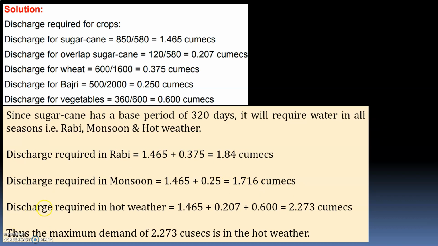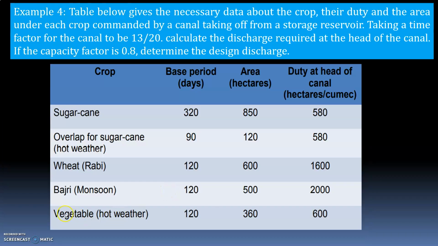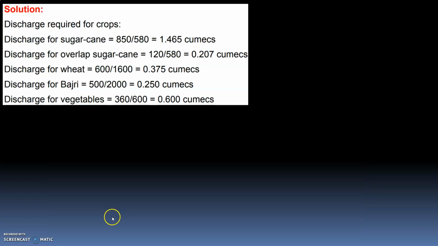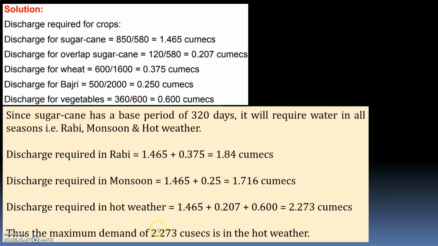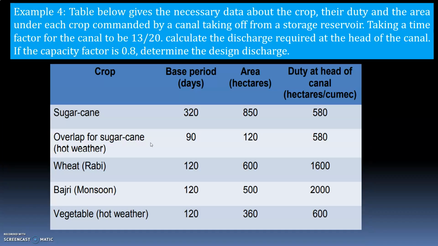Next, discharge required in the hot weather. Here also sugarcane you have to consider, that is 1.465 discharge of sugarcane. And one more hot weather crop is vegetable. There are two hot weather groups: one is the overlap for sugarcane, that is also hot weather, and the vegetable.